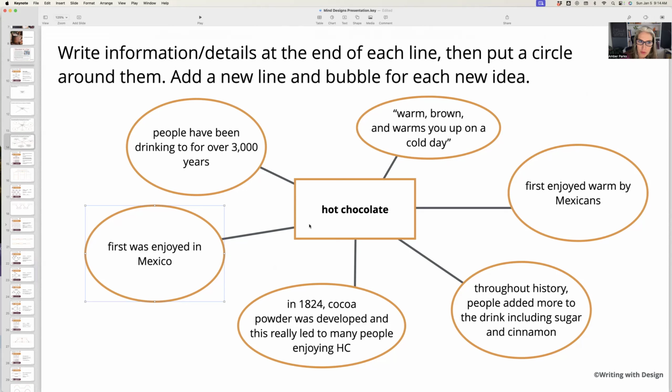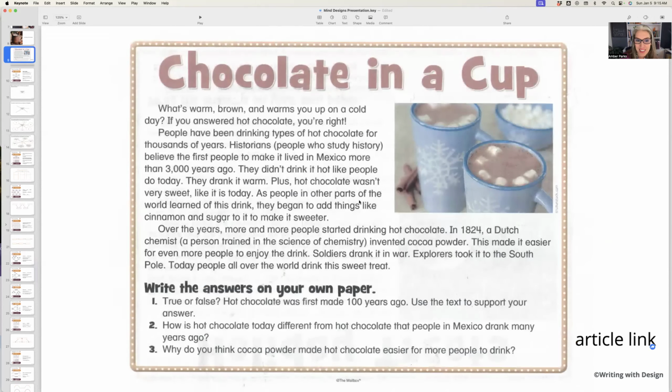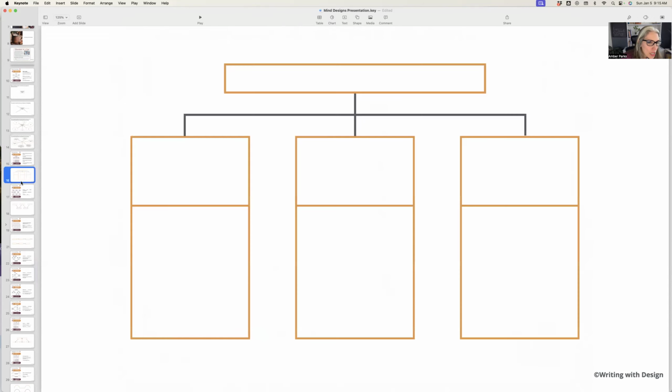Then we've got a lot about the history here, that people have been drinking it for over 3,000 years. Maybe we make a category of all the different people who have enjoyed hot cocoa. Maybe we even have a category that's about descriptors of it, right? And we can use both the article and the picture that's there in terms of what has been added. So that's one powerful way of using this.